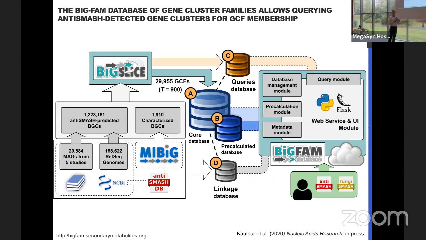So it will show you which gene cluster families in the database are most closely related to your gene cluster of interest. So this way you can quickly get an overview if your gene cluster is part of a larger family of gene clusters, which perhaps known gene clusters are also part of that gene cluster family, etc. And really make use of the full width of all the genomic information that's out there.